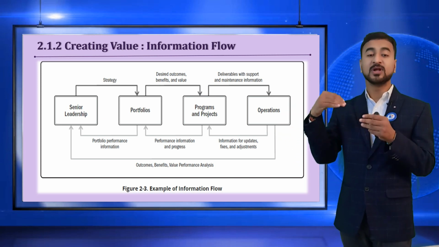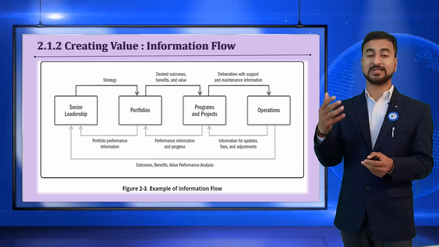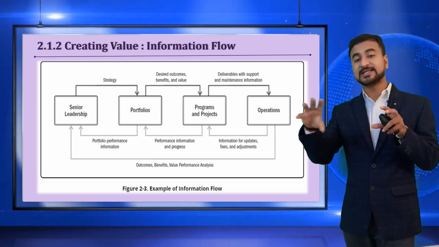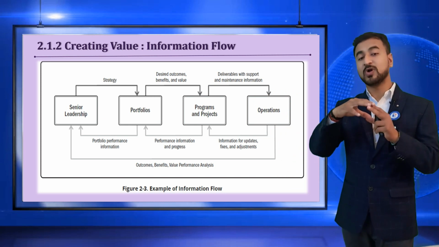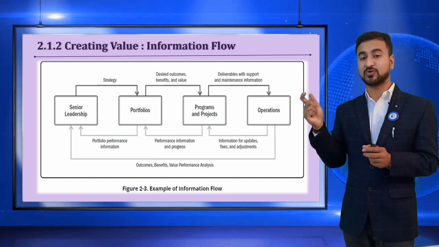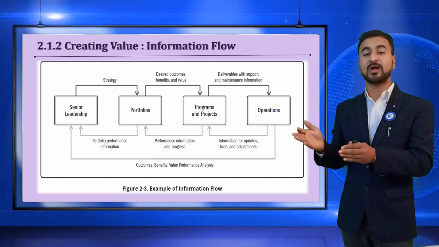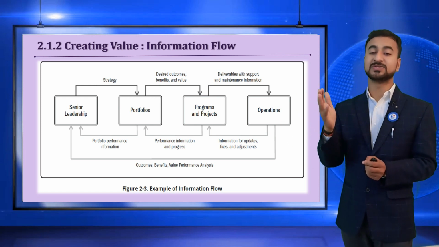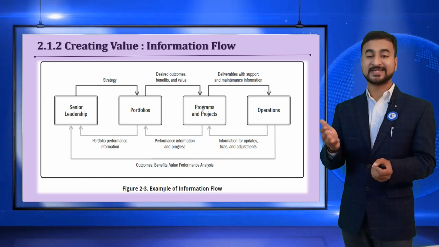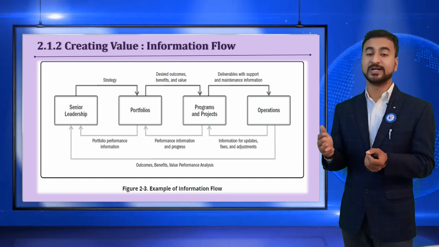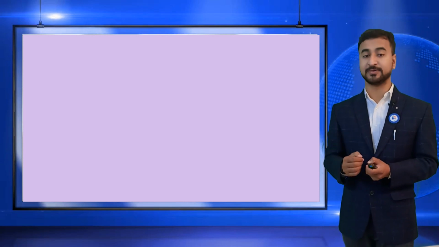And the portfolio will show the progress and performance of the entire portfolio to the senior leadership. Ultimately this information flow is required to understand and highlight how our projects or programs link with the organization objective. If it's not aligned with the organization objective, there is no need to waste the organization's resources. This is very well explained over here.